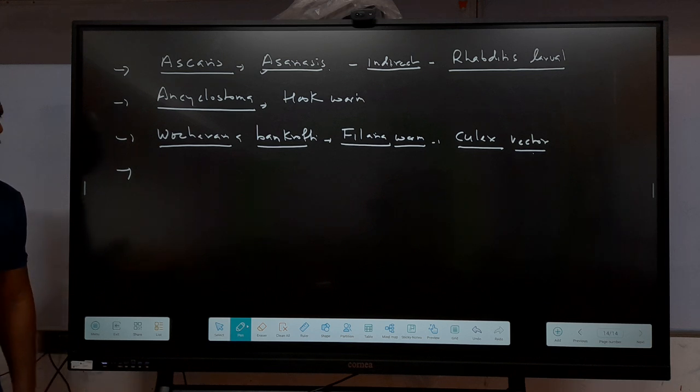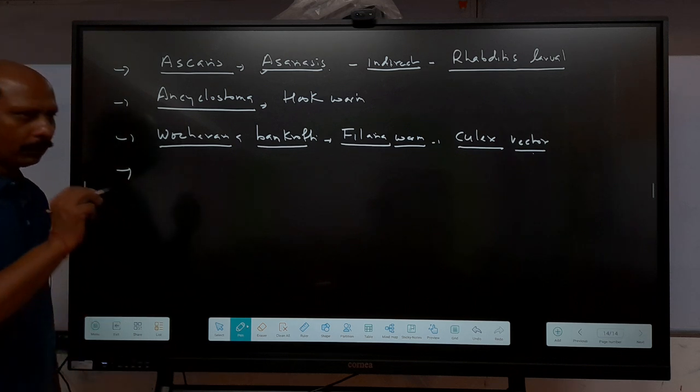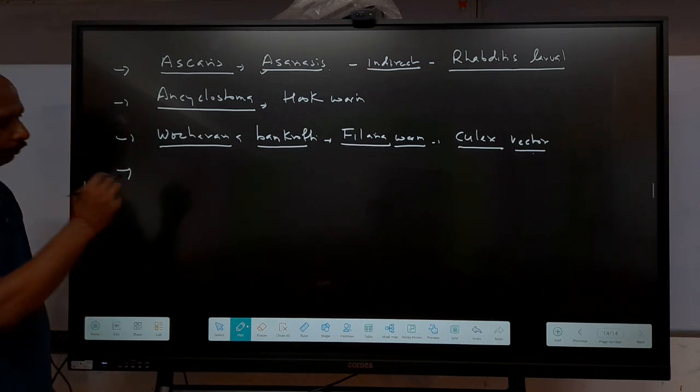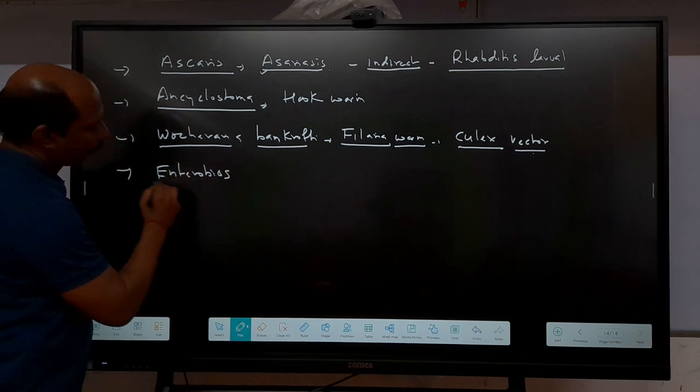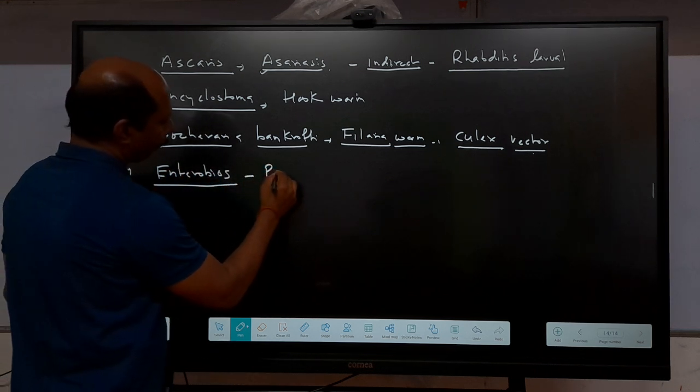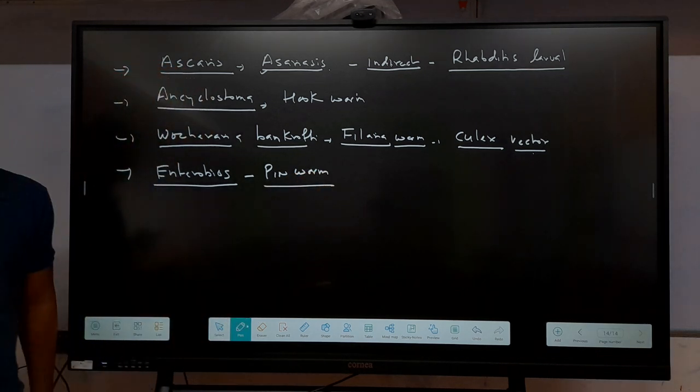Next one is called pinworm. So pinworm is what? It is Enterobius. Enterobius is called pinworm, right?